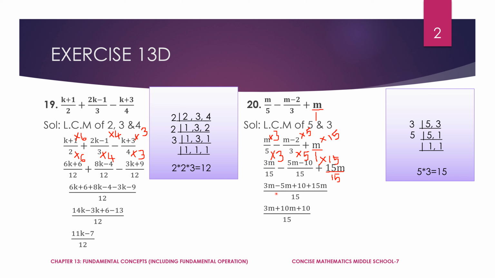Plus 3m minus 5m plus 15m. I am putting 3m as it is, and one has a negative sign and the other a positive sign. Put the bigger number's sign, that is plus, and subtract. 15 minus 5 will be 10m plus 10 by 15. 3m plus 10m, when you add both, what you get is 13m plus 10 by 15.